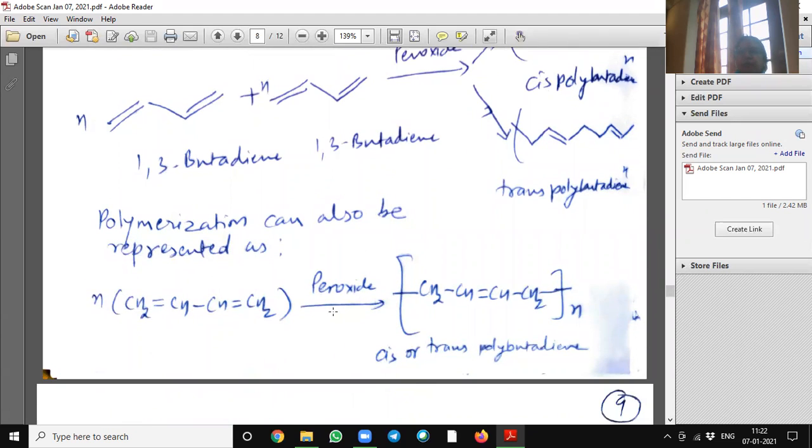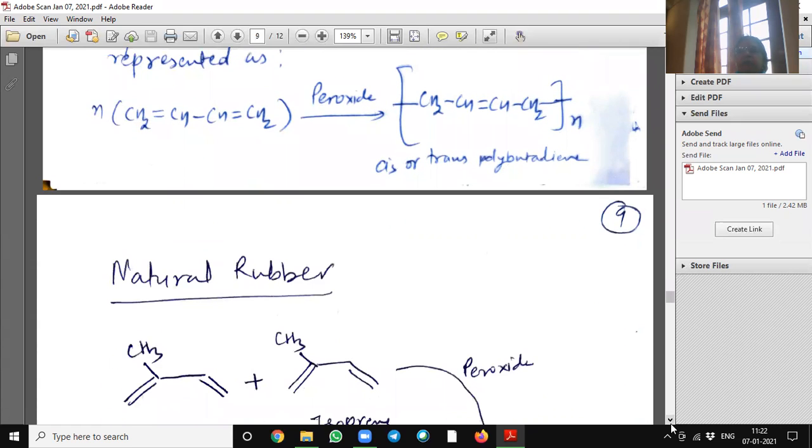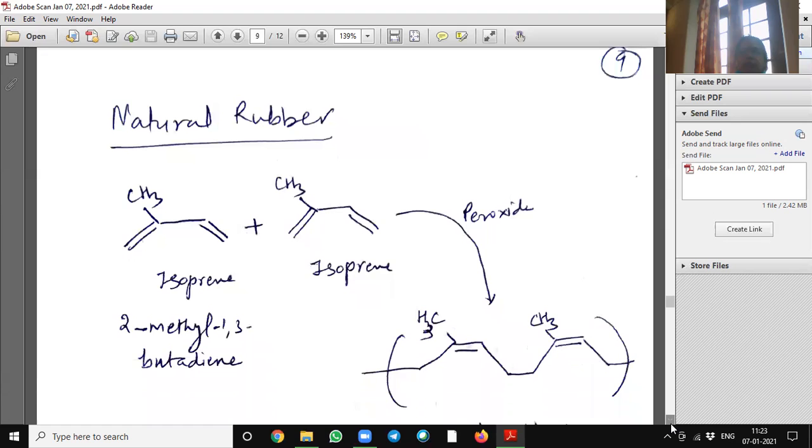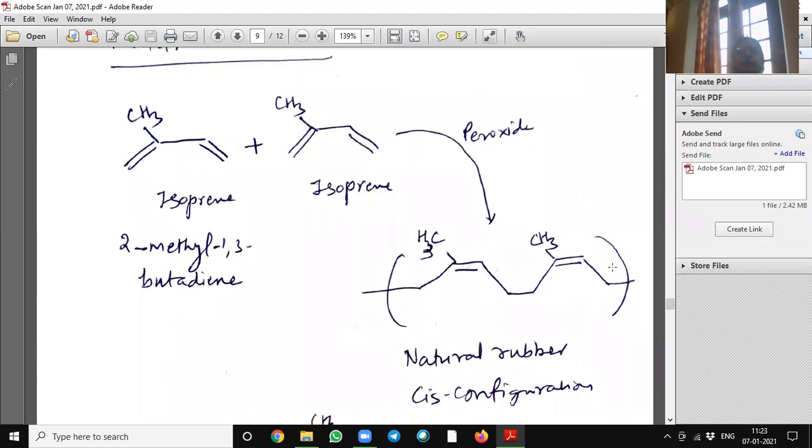Polymerization can also be represented as a general reaction. Natural rubber: when isoprene units are polymerized in presence of peroxide, it will give natural rubber, cis configuration.